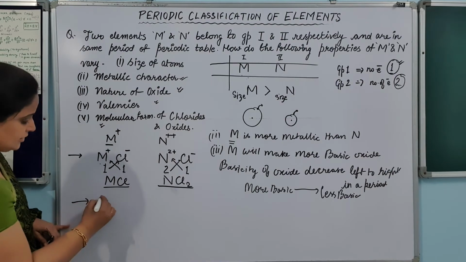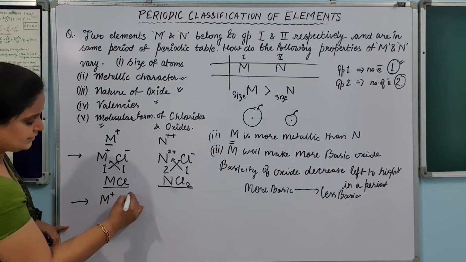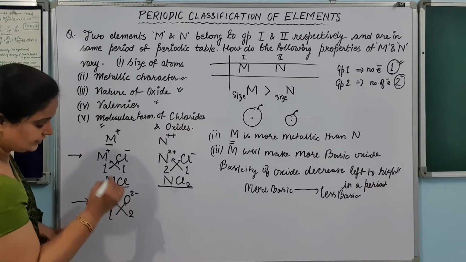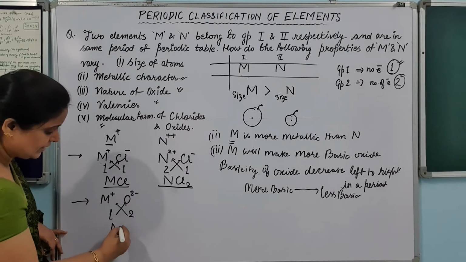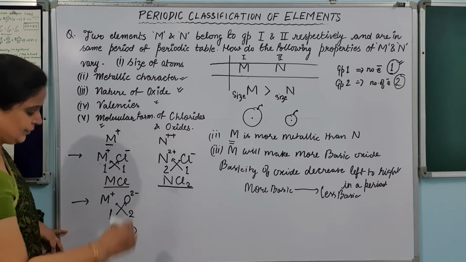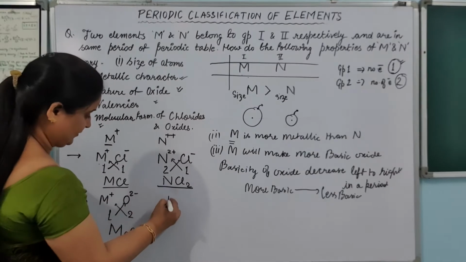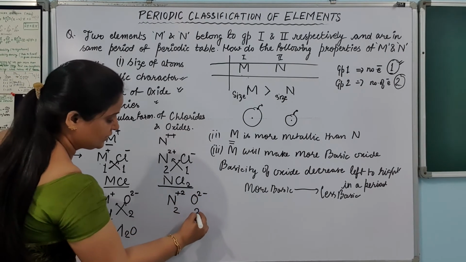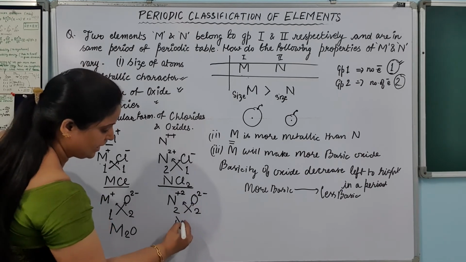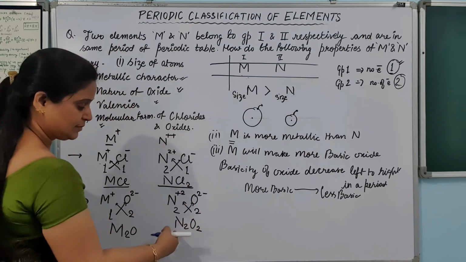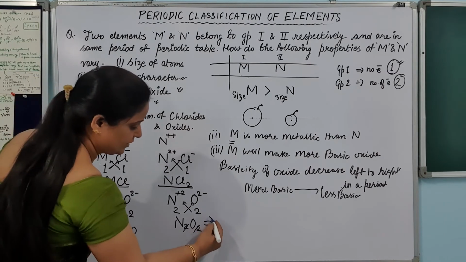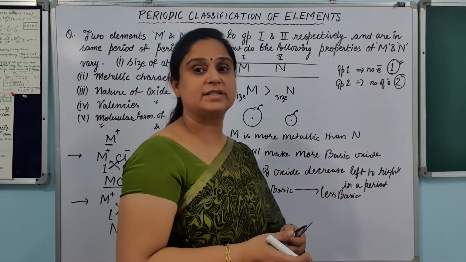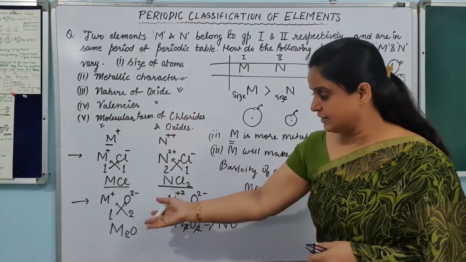If I make the oxide, तो M will make M plus, oxide will make O2 minus, valency is 1, valency is 2, cross multiplied, the formula of the oxide will be M2O, isn't it? Next, if this is N plus 2, oxide is 2 minus, 2 valency, this is done, N2O2, but just because these both are 2, so I will write down the formula as NO. So this way the oxides and chlorides will be formed and the formula will be written this way.